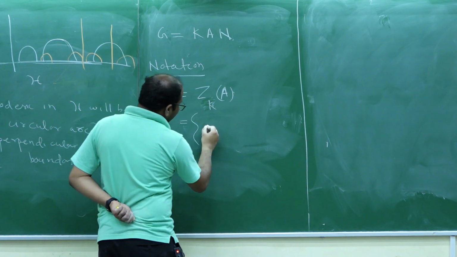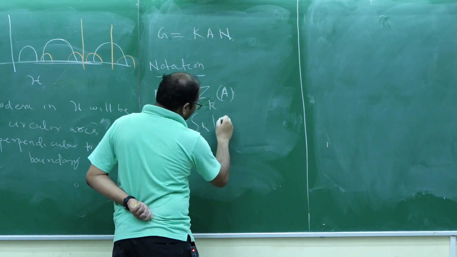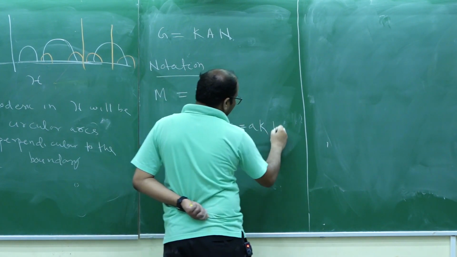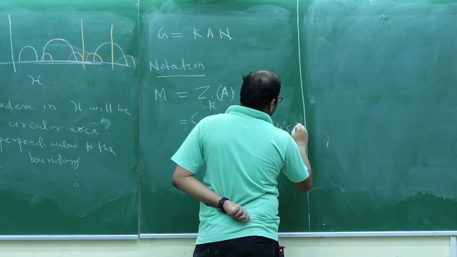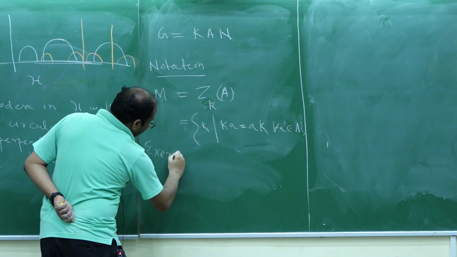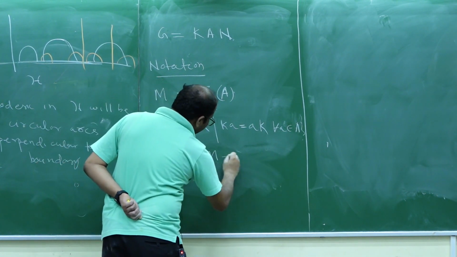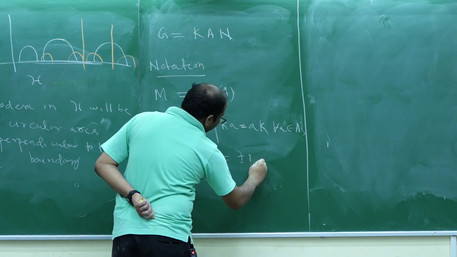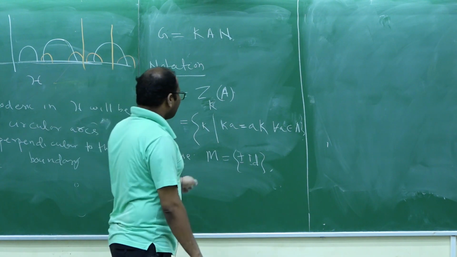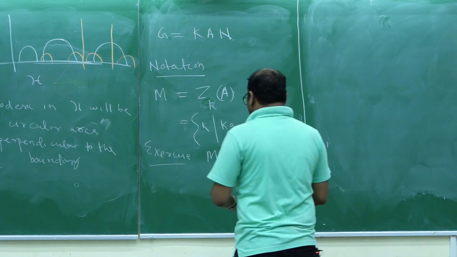It is the collection of all k such that k a equals a k for all a. And this is an exercise to check. This two-line exercise I have also done in my notes. You can see that in my notes.